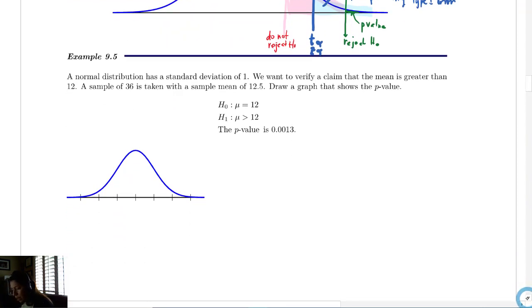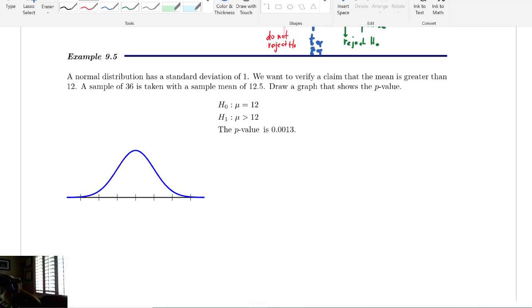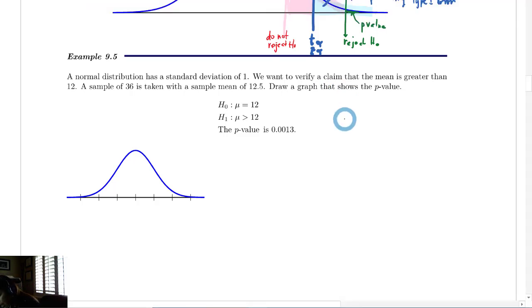So a normal distribution has a standard deviation of 1. We want to verify a claim that the mean is greater than 12. A sample of 36 is taken with a sample mean of 12.5. Draw a graph that shows the p-value. So here, the first thing we want to note is that it is given that the population is normal.